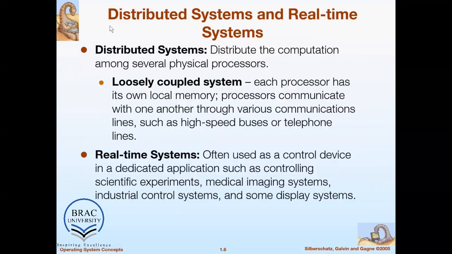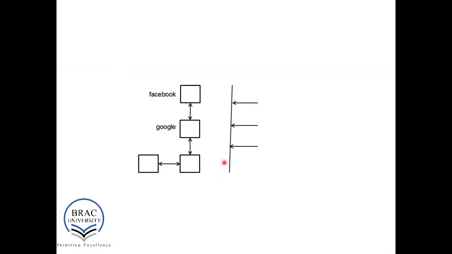Another important evolution of operating systems is the distributed system and then the real-time system. First we'll discuss the distributed system. This is a very important approach in modern computing. The modern web services that we use on a day-to-day basis are very critical. Services like Facebook or Google are very large-scale services, and they get a lot of requests from all over the world.